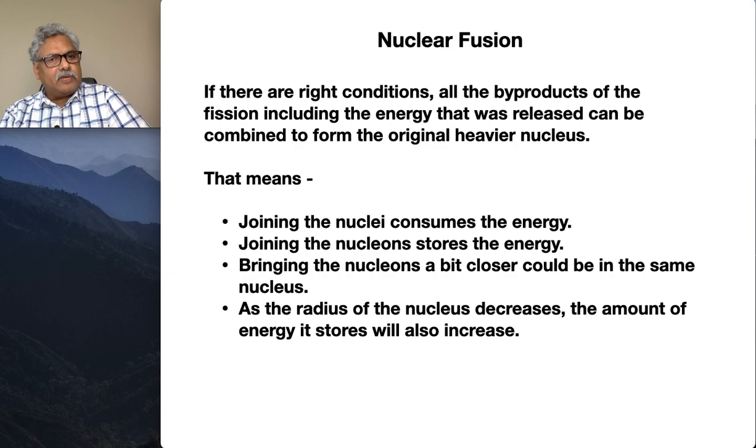Similarly, when you look at nuclear fusion, if there are the right conditions, all the byproducts of the fission, including the energy that was released, can be combined to form the original heavier nucleus. Theoretically, if you generated certain byproducts out of some reaction, and you combine all of them, you should get the original product.